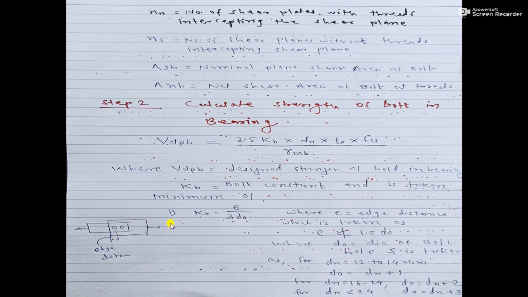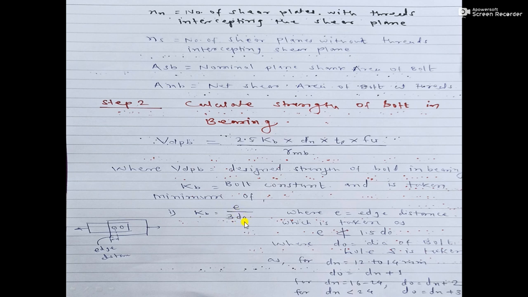These are lap joints and two bolts are provided. From one bolt center to the edge of the plate, this distance is known as edge distance. This Kb is the minimum of E upon 3D0, where E is the edge distance, 3 is the constant, and D0 is the hole diameter or gross diameter.